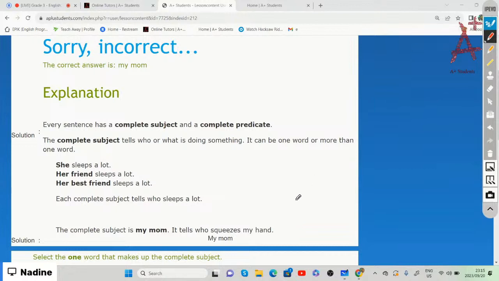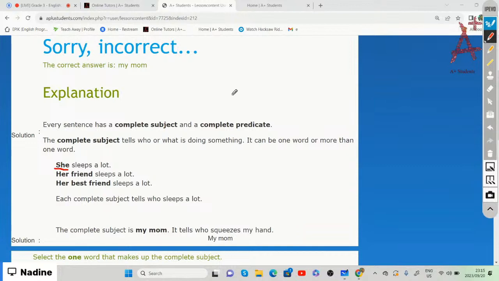If we also look at the example on the tutorial, it says, she sleeps a lot. If we identify the subject within the sentence, the subject that tells us who or what is doing something is she. So she is our subject. She is doing something.